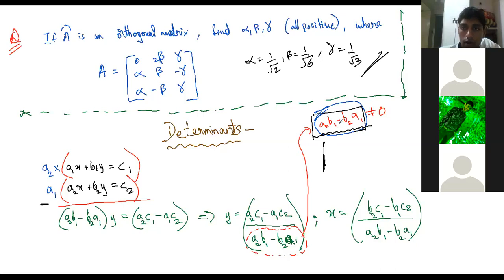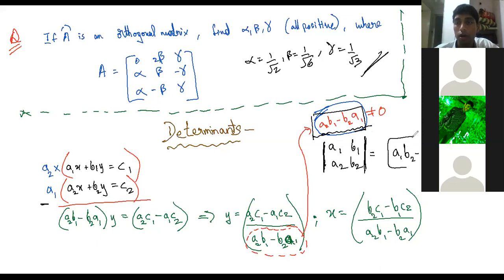So now this same thing can be written in another way. You can write this as A1, B1 and A2, B2, in symbolic form. This is also one sort of symbol. It is a determinant, and determinants are applied to matrices. It is defined as A1 B2 minus B1 A2.